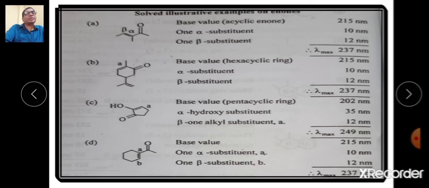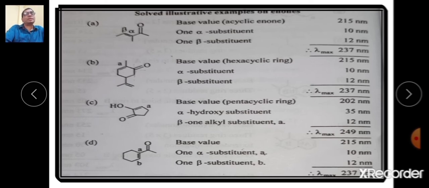For alpha substitution add 10, for beta substitution add 12, and therefore the lambda max value becomes 237 nanometer.